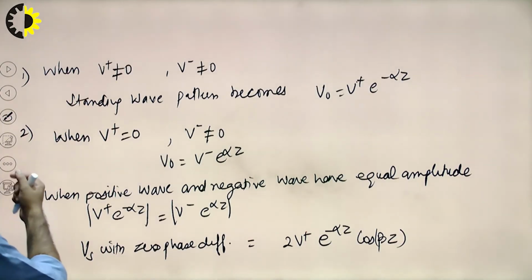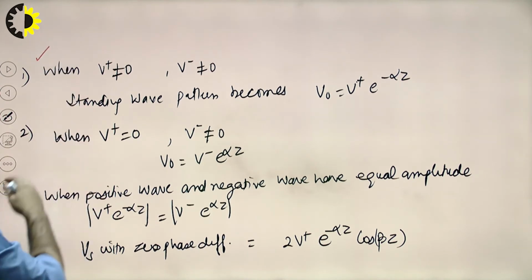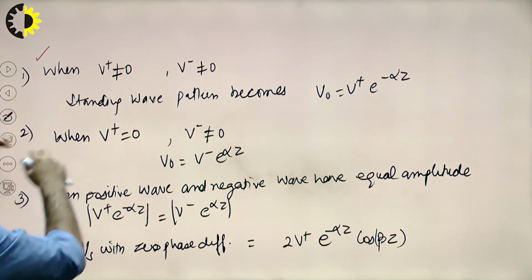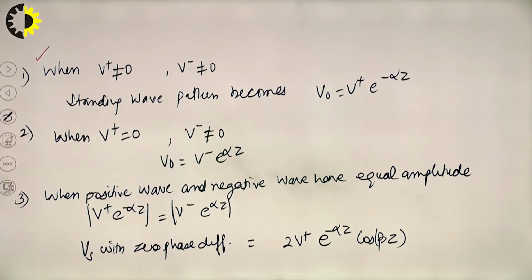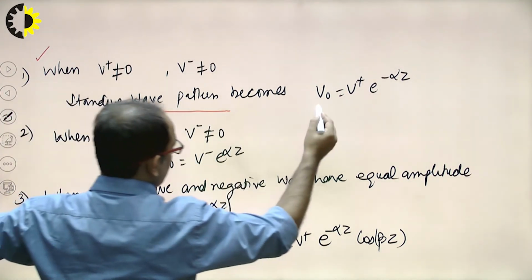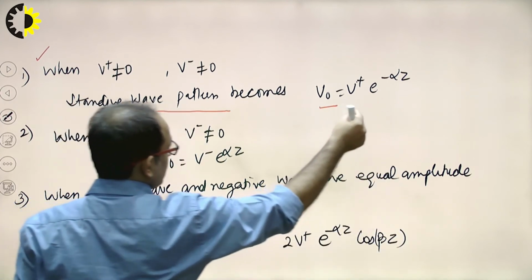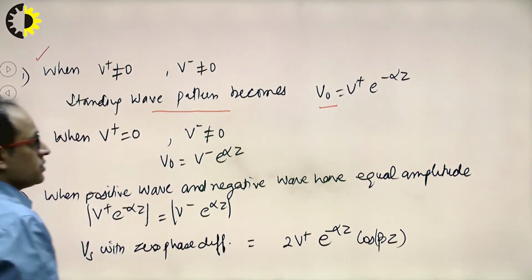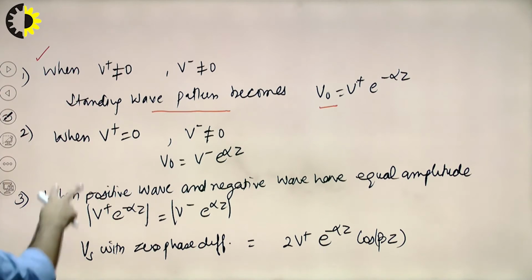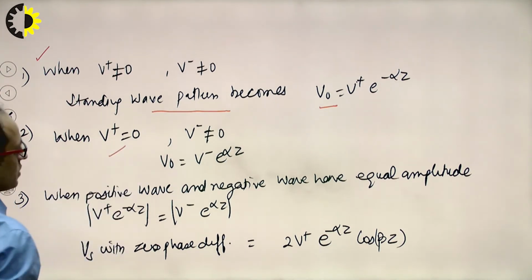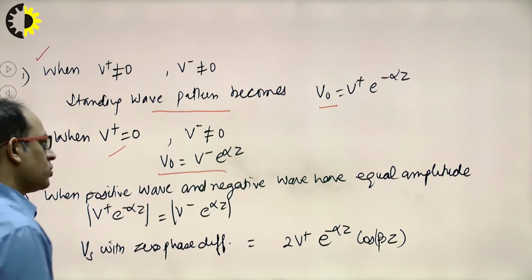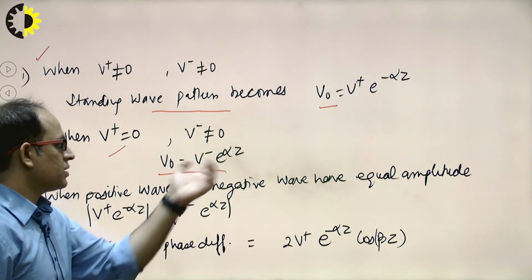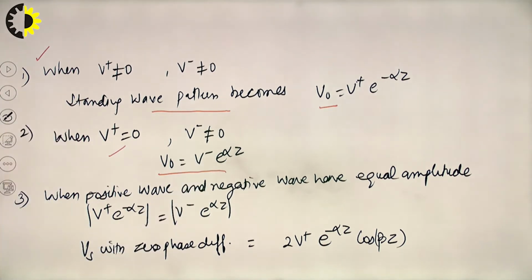Now see case 1, when the incident voltage is not equal to 0 and the reflected voltage is not equal to 0, then the standing wave pattern becomes V naught equals V plus e to the minus alpha z. Clear? And when the incident voltage is equal to 0 and the reflected voltage is not equal to 0, then only V naught equals V minus e to the alpha z.